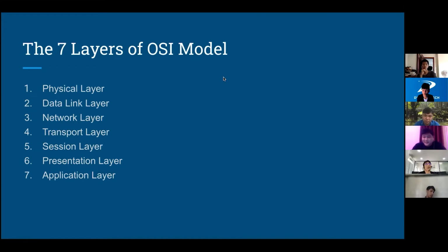So zone A and zone B cannot ping each other. To make them know each other, we have to have a router to route between them. Is it right?